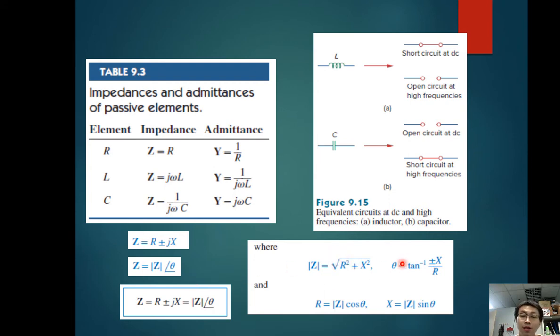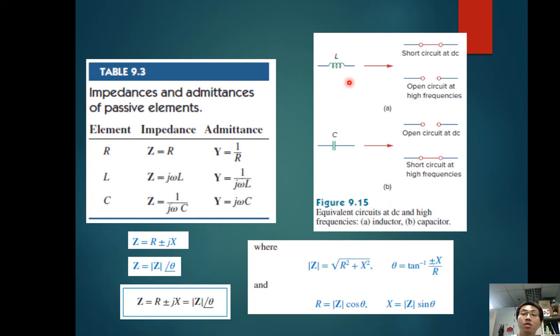And then the angle theta equals arctangent of plus minus X over R. If we still remember the complex number, Z equals X plus jY. If we want to find the magnitude, we need to use X squared plus Y squared and then square root, which is the same thing.